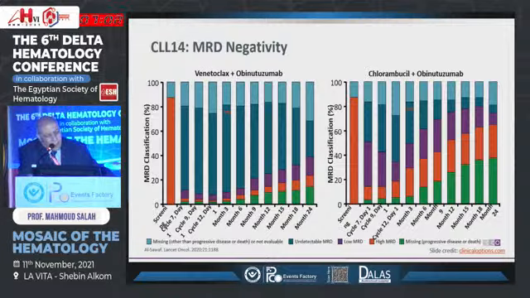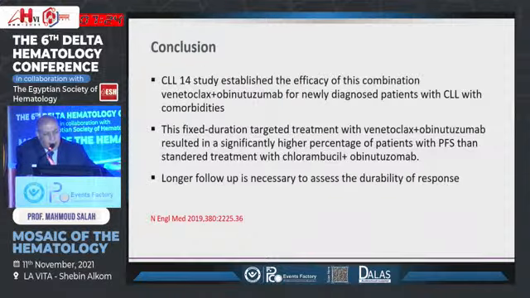As you can see, after the assessment, after the 3 months, there was more than 70% MRD negativity in the venetoclax arm, while in the chlorambucil obinutuzumab was around 35% only. So there is an early response regarding the MRD negativity and sustained in the venetoclax arm.